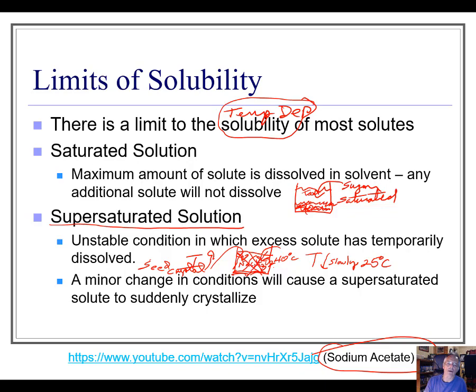The whole solution will crash out and bonds will form. And actually, that crystallized solid, the temperature will increase because bonds are forming, and that's an exothermic process. So let's watch a video.